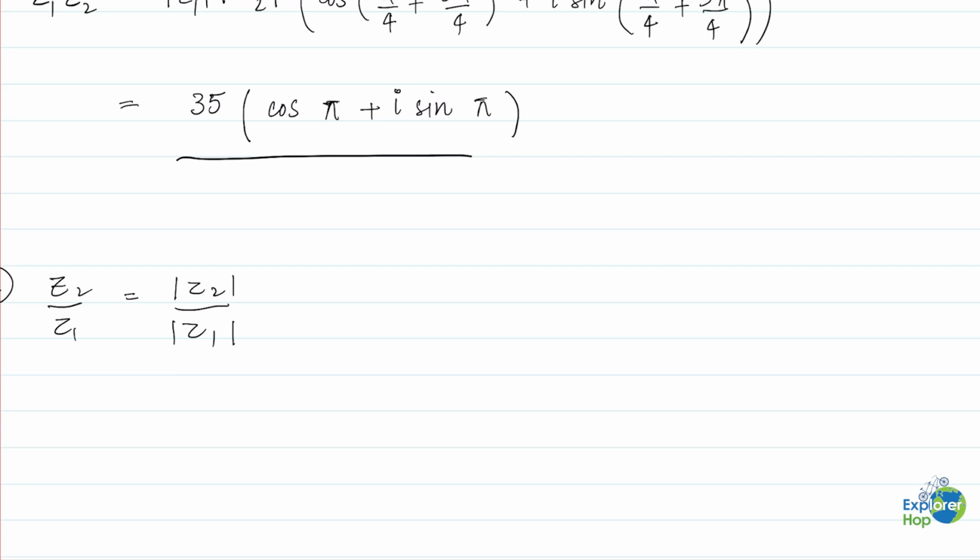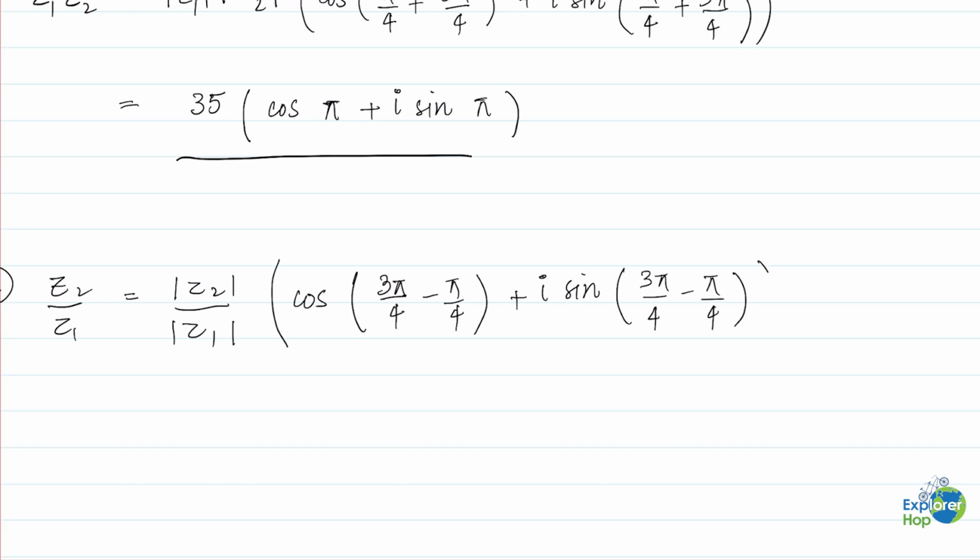So it would be cos of 3 pi by 4 minus pi by 4, and the same would go for the sine term, 3 pi by 4 minus pi by 4.